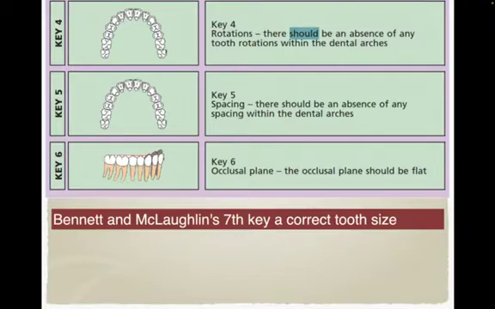For that reason, you need to check the discrepancy between the size of the maxillary and mandibular teeth. One way to do that is to use Bolton analysis, in which you check if there is any discrepancy in the size between the upper and lower teeth, or to use the simplest method, which is to check the mesiodistal width of the upper lateral compared to the mesiodistal width of the lower lateral.